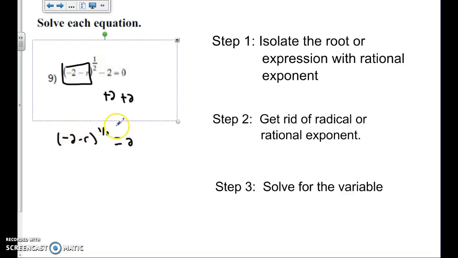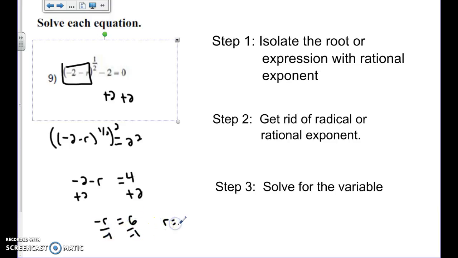Now we're going to square, take this to the 2nd power. So I get 4, and I end up with -2 minus r equals 4. I'm going to add 2 to both sides. So I get -r equals 6. Divide both sides by -1, and you get r to equal -6.